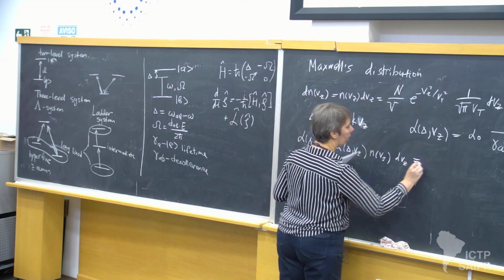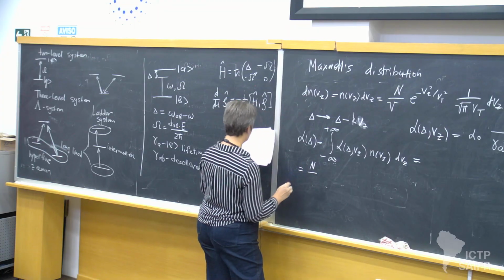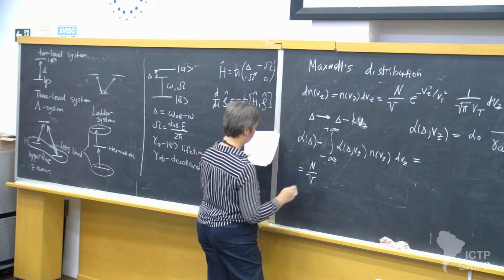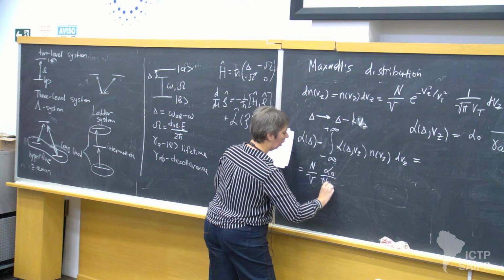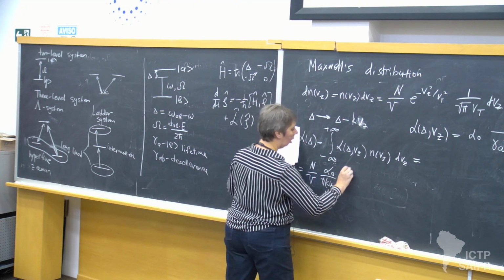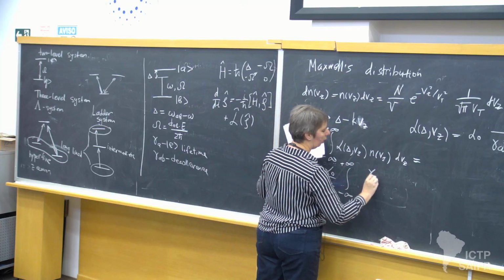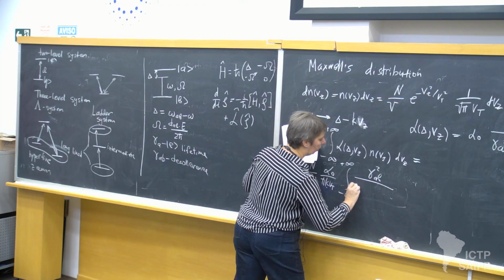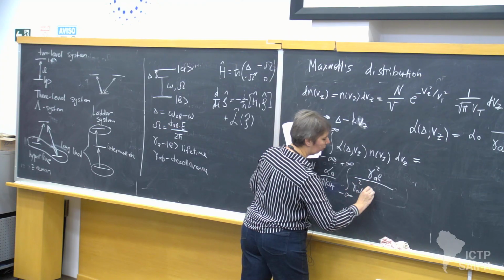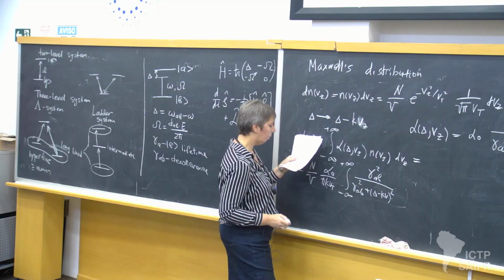And that creates a fairly long and somewhat unpleasant integral. So alpha naught over pi kVt, times the absorption, gamma AB squared divided by gamma AB squared plus delta minus kVz squared.